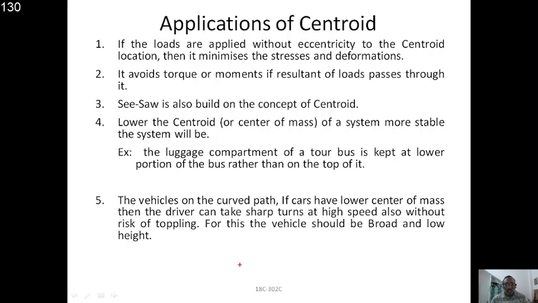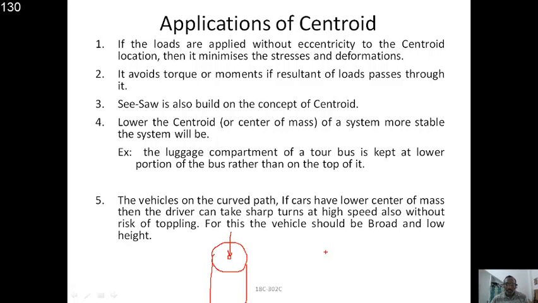We have already seen that on a column like this, if I apply the load at the center, it becomes a compressive reaction and no other stresses are induced.